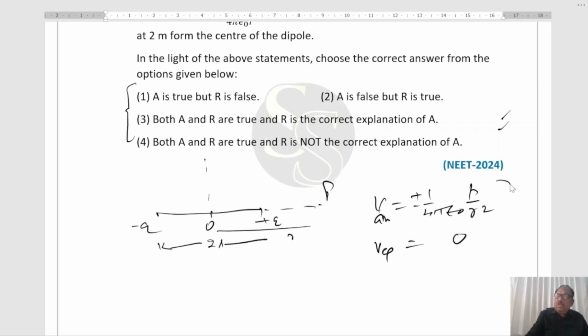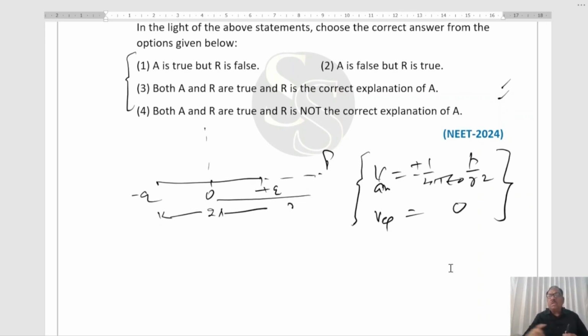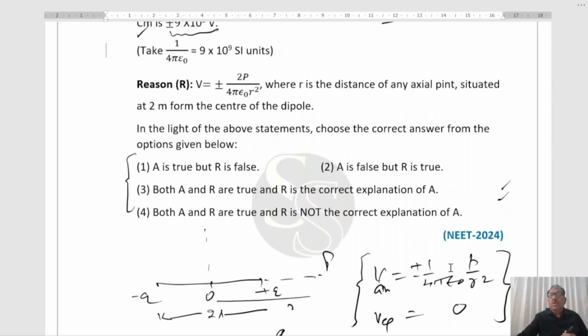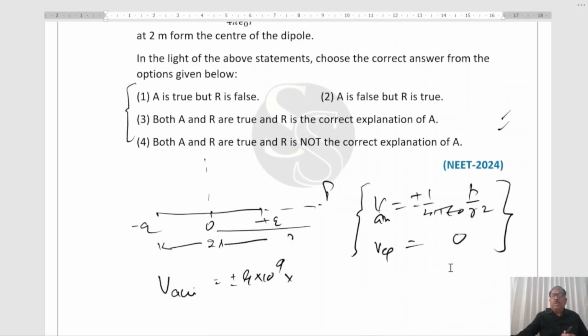I am discussing in this question also certain other concepts which will be very helpful for the entrance exam NEET, right? Now, V axial will be equal to, according to the equation, 9 into 10 to the power 9 into P. P is given to you, 4 into 10 to the power minus 6.